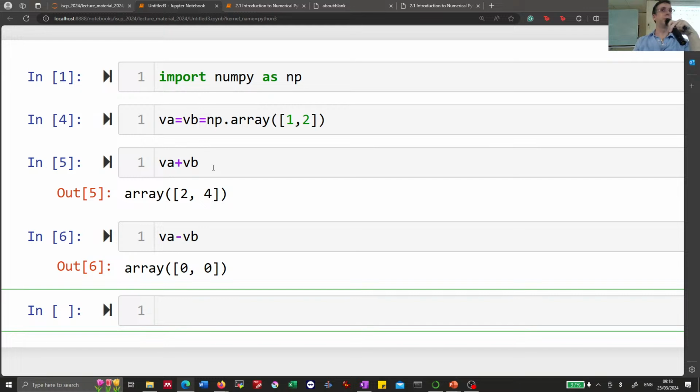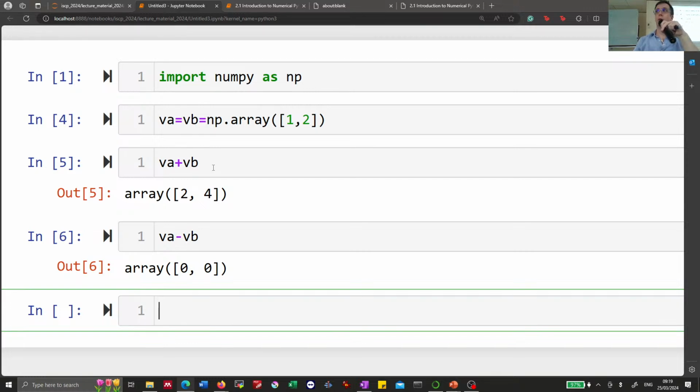So far, so good. And now vector-vector multiplication. What do you expect when I tell you multiply vector A times vector B? So VA times VB, what do you know it is? Don't use Python, use your head. Vector A times vector B is what? Well, 1 times 1 plus 2 is how much? Is it 3? Is it 4?